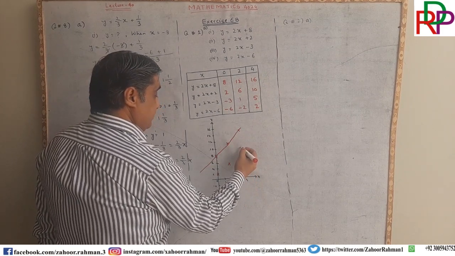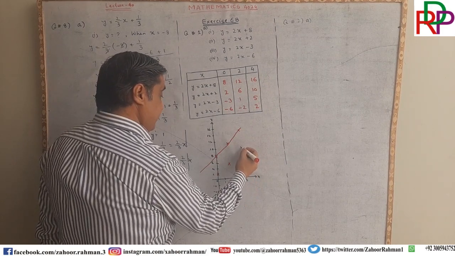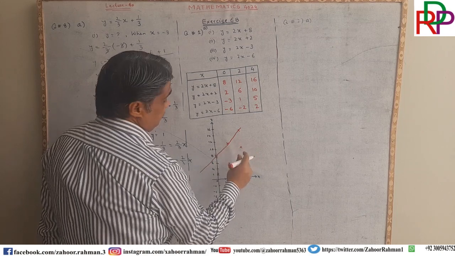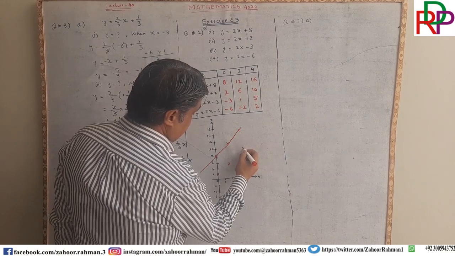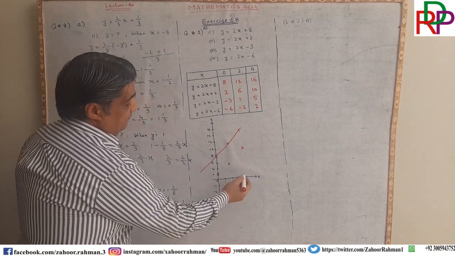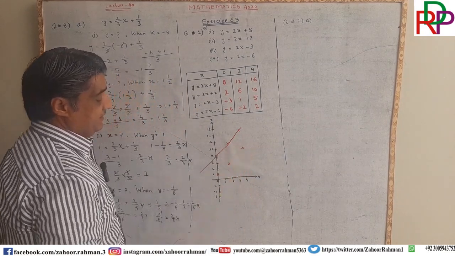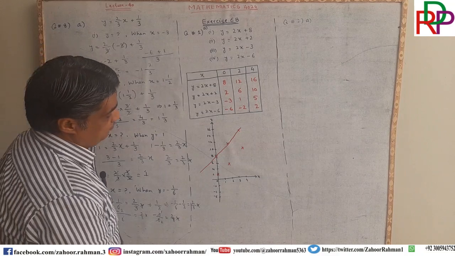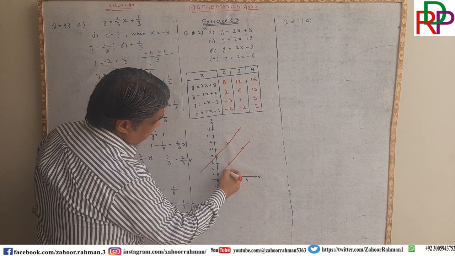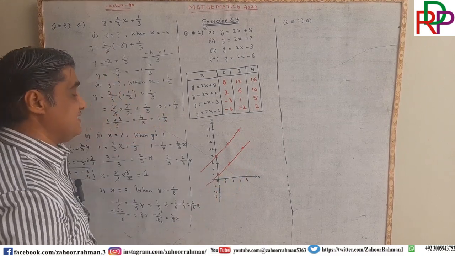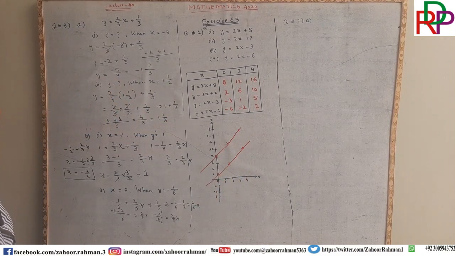So this will be the point. In front of 10 we have to draw it. It will be somewhere here. And 4 and 10, that is the intersection point. Now we have to connect this line with this.